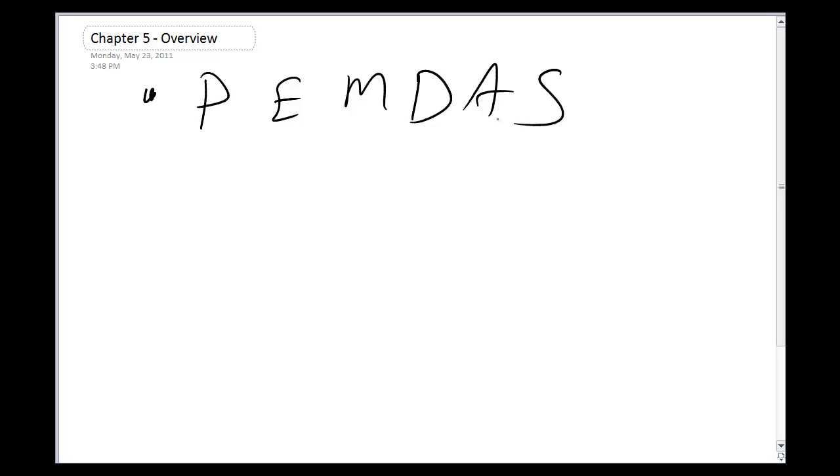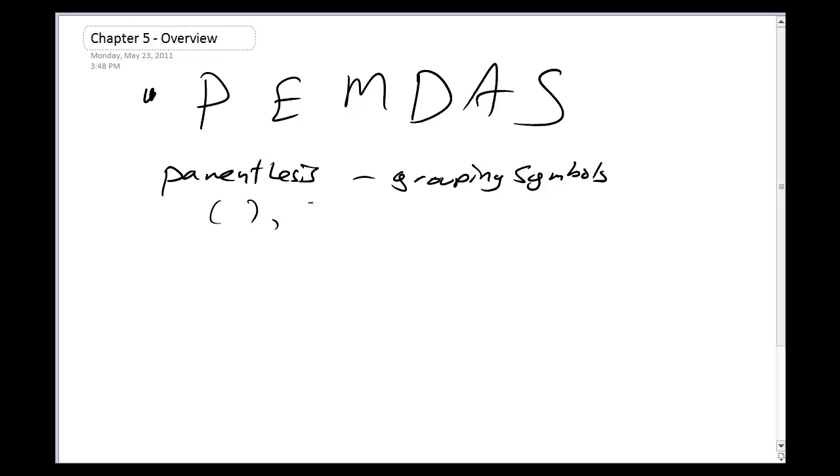The first thing is that in math we have an order that we say things should happen in. And this order has the mnemonic word PEMDAS. This stands for parentheses. In your book, they call this grouping symbols. This is more accurate because it's not always just parentheses.